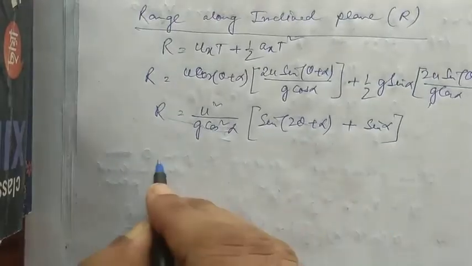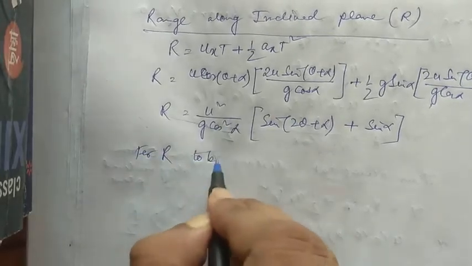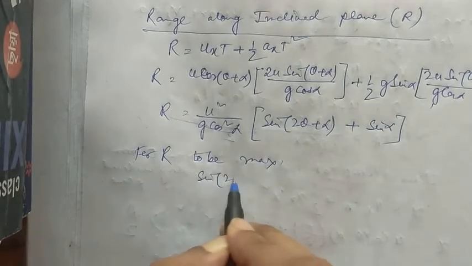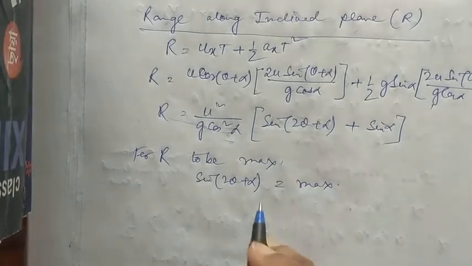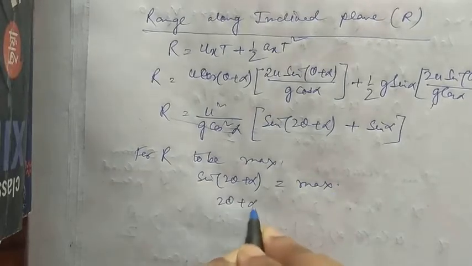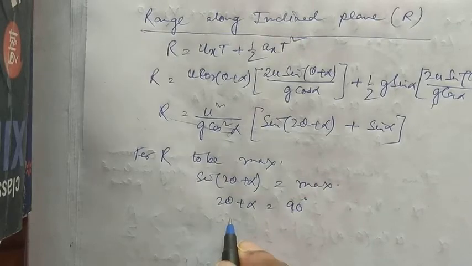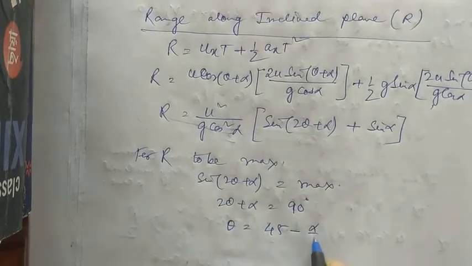Now for R to be maximum, we take sin(2 theta plus alpha) to be maximum. That means 2 theta plus alpha becomes equal to 90 degrees. So theta is equal to 45 minus alpha by 2.